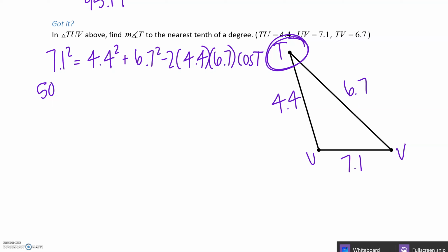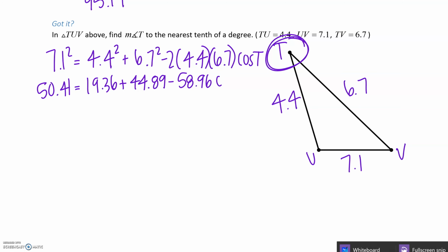Okay, so we're going to simplify it again. So we've got 50.41 equals 19.36 plus 44.89 minus 2 times 4.4 times 6.7 equals 58.96.